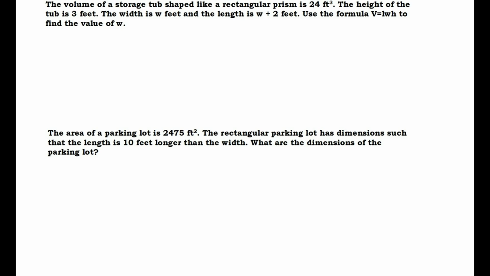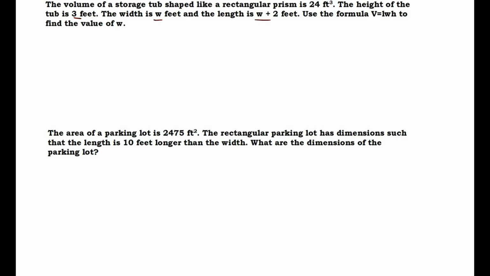The volume of the storage tub, shaped like a rectangular prism, is 24 feet cubed. The height of the tub is 3 feet, the width is W feet, and the length is W plus 2 feet. Use the formula V is equal to length times width times height to find the value of W. All right, they say the height is 3, the width is W, and the length is W plus 2.